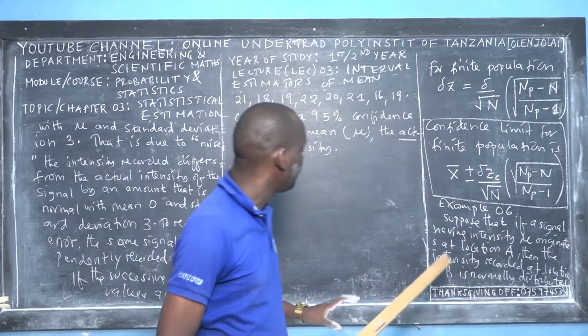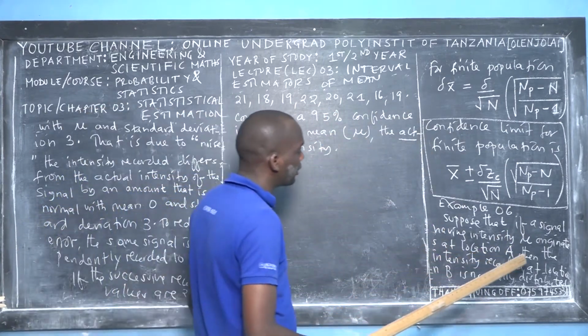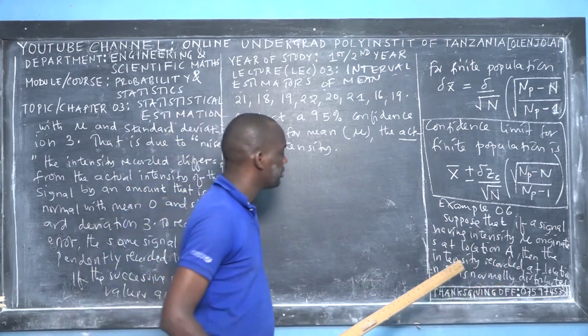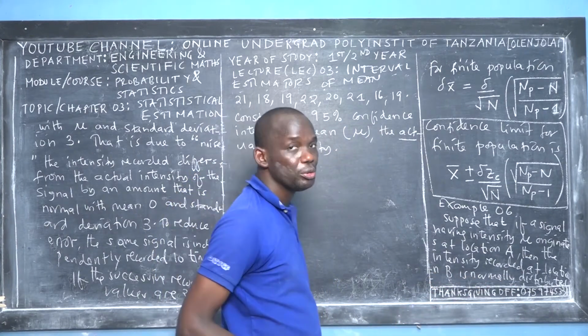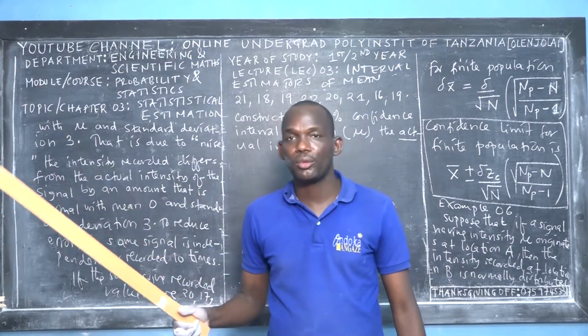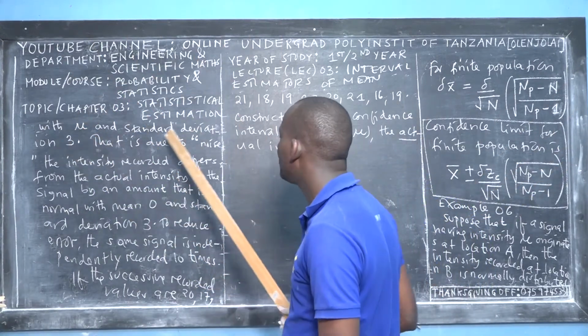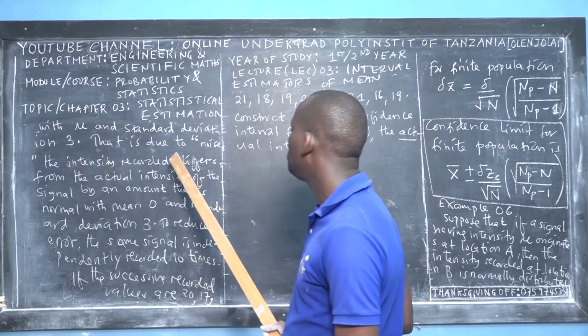Suppose that a signal having intensity mu originates at location A and is transmitted to location B. Then the intensity recorded at location B is normally distributed with mean mu and a standard deviation of 3. That is due to the noise.